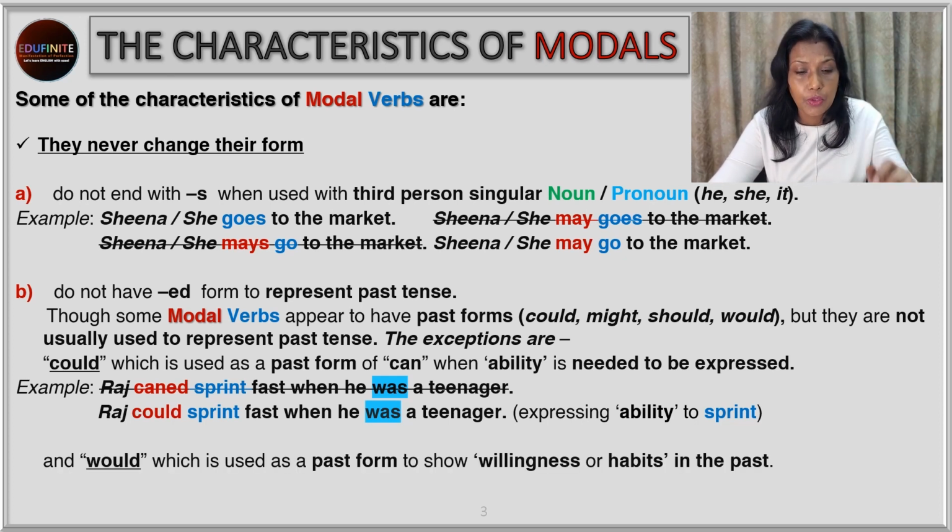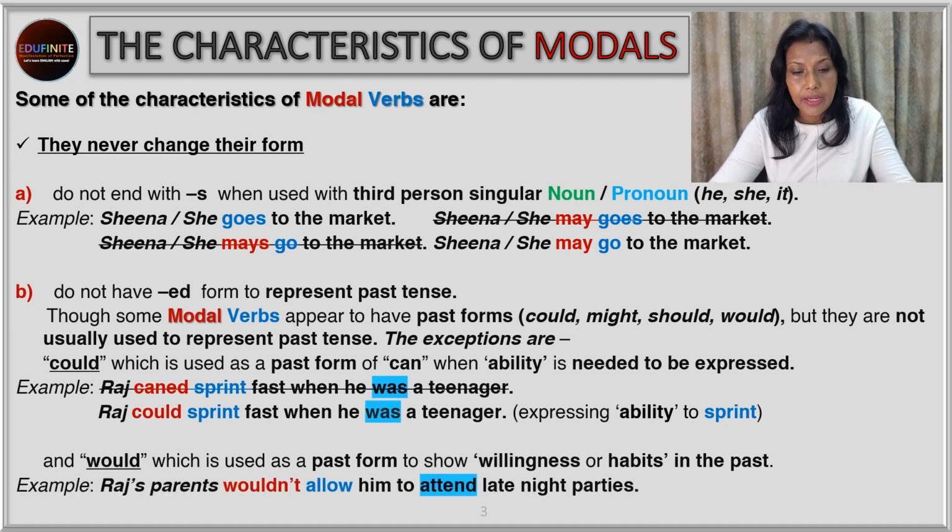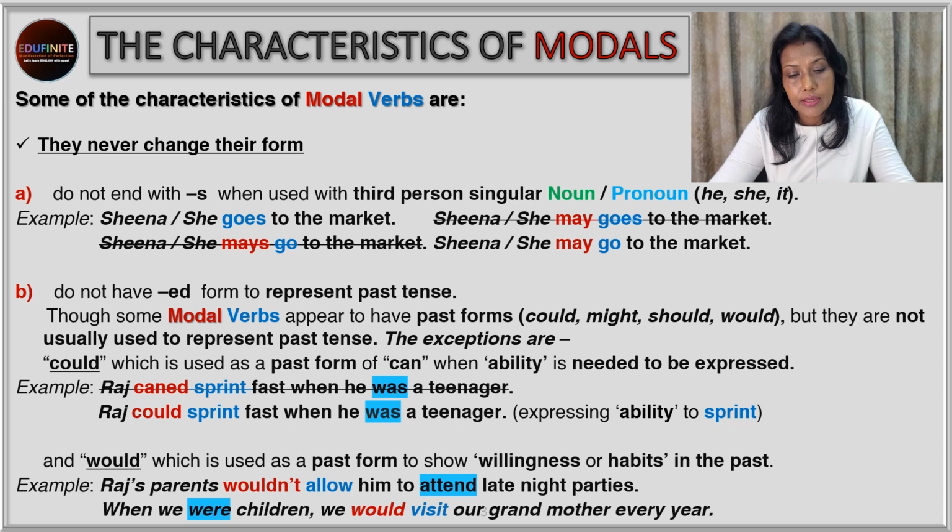Well, next is would, as I was telling. Would is used as a past form to show willingness or habits in the past. For example, Raj's parents wouldn't allow him to attend late night parties. The next one, when we were children, we would visit our grandmother every year.